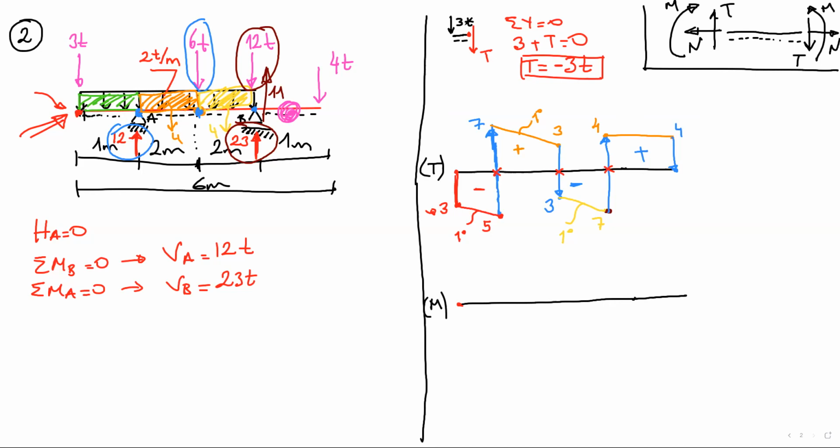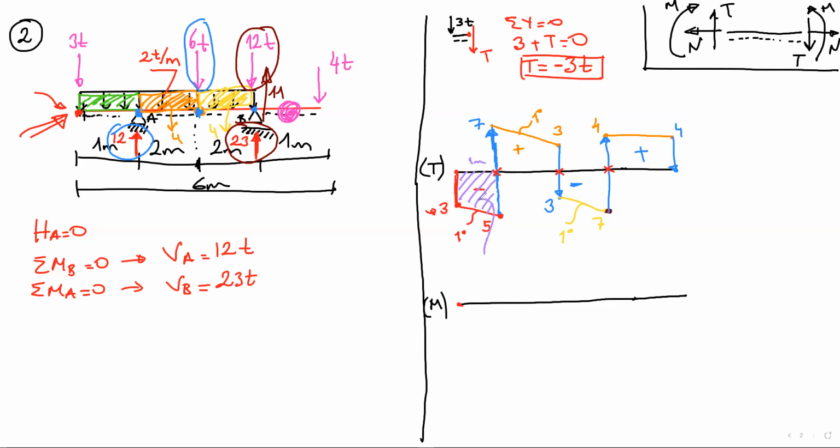Now let's calculate the first area. The first area is this. There is a trapezoid section, so you can calculate the area easily. Here is 1 meter: 5 plus 3 over 2 times 1. If you do that, the area is 4.